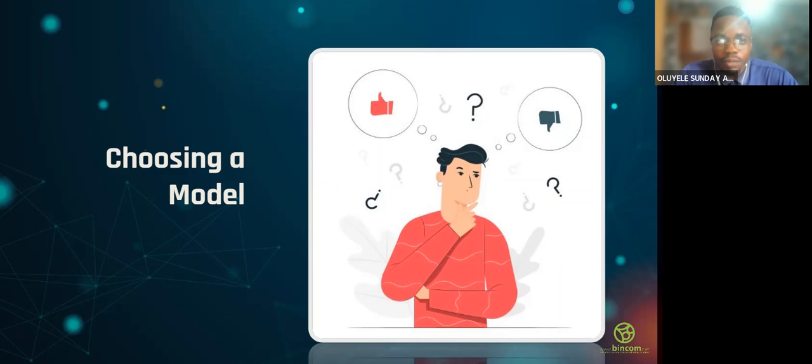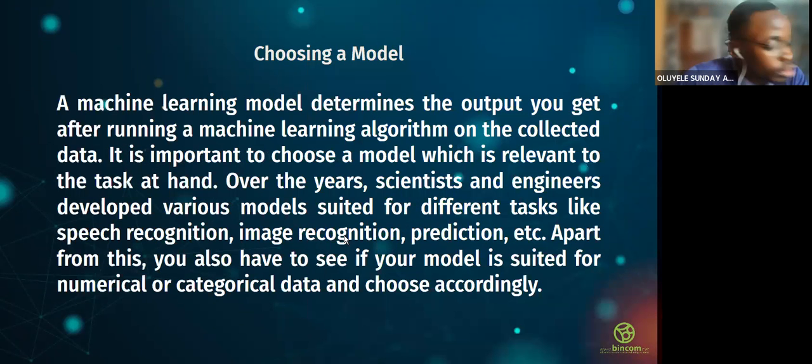But sometimes you might be trying to predict the price of something, based on the initial prices or initial data you have. So you need to know the kind of model that will be suitable for your task.